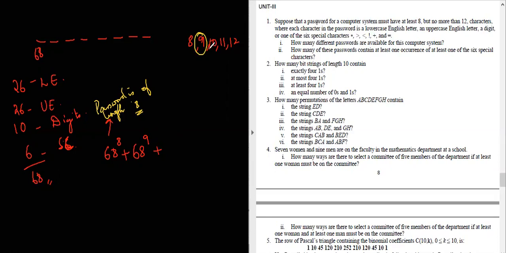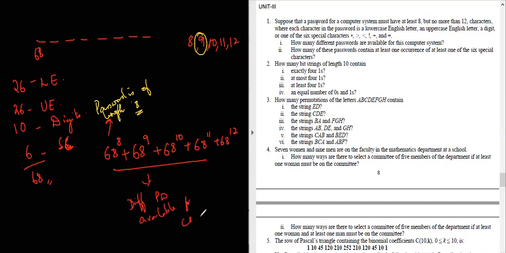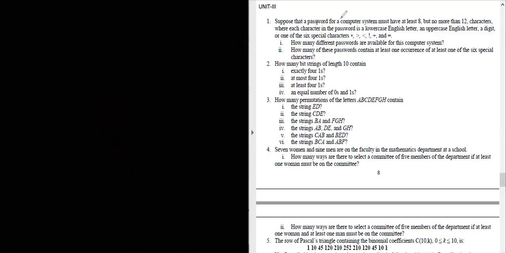For the length of password being 10, it can be written in 68 power 10 ways. For the length of password being 11, 68 power 11, plus 68 power 12. So these are the total different passwords available for the computer system.